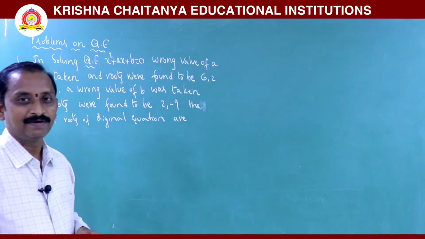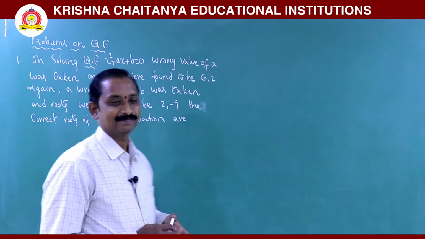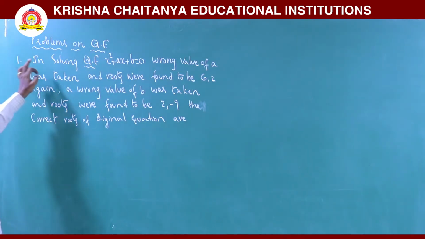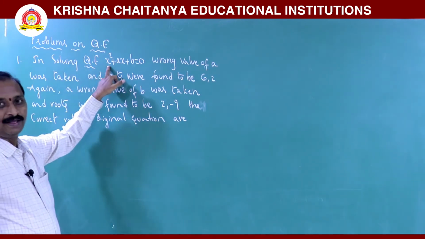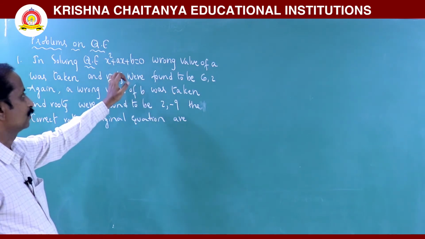Now, today we discuss problems on quadratic equations. One of the problems is solving a quadratic equation x square plus ax plus b is equal to 0.